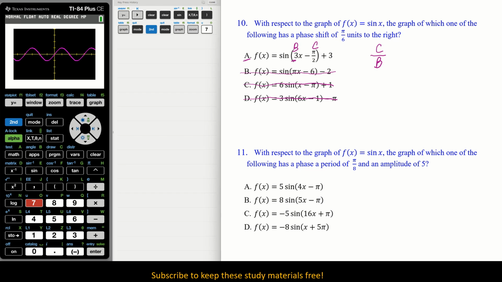Now, let's talk about the possibilities here. We have two ways that we can write this, to equal pi over 6 on either one of these. We know we have x here. We can put a subtraction there. So we have pi over something.